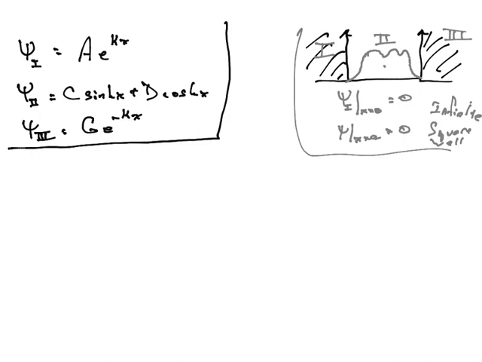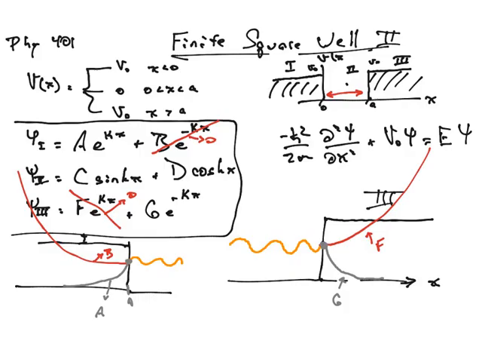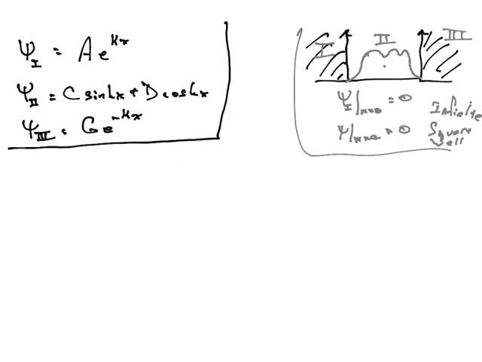So if it must be that the wave, when it reaches a boundary, has to be equal on either side, and on one side it's 0, that means region 2's wave function better go to 0 as well at the wall on either side. Okay? So really, the true boundary condition says this. And we'll start with the first boundary.